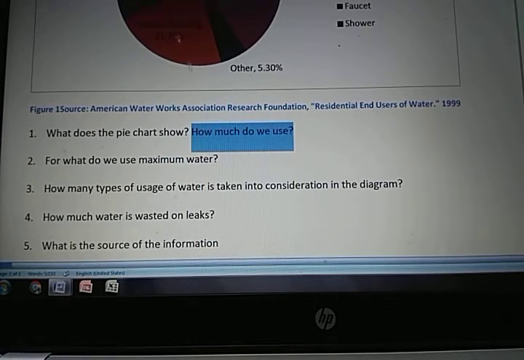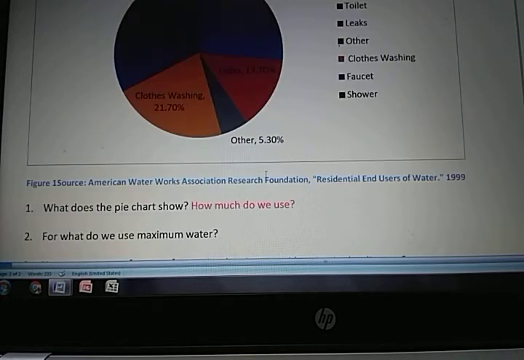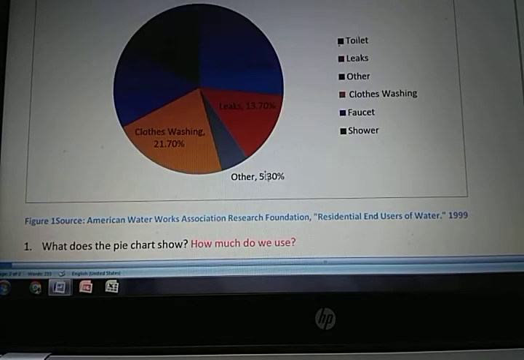Clear? So next question. For what item do we use maximum water? Then again you check everything. When you check everything: toilet 26.7, leaks 13.7, others 5.3, clothes 21.7, faucet 15.7, shower 16.8.